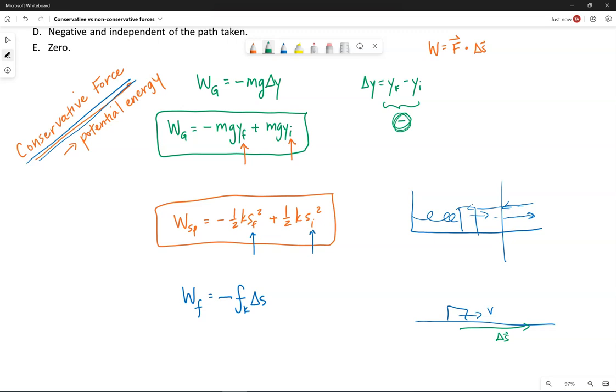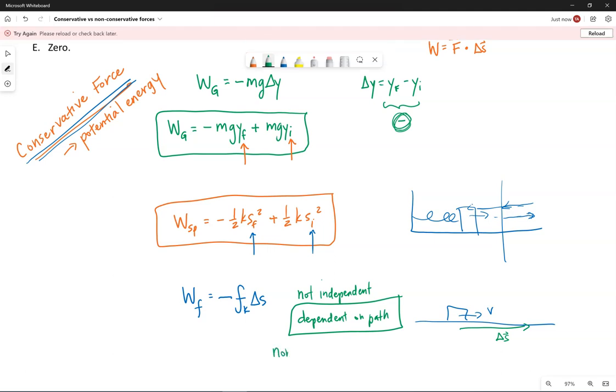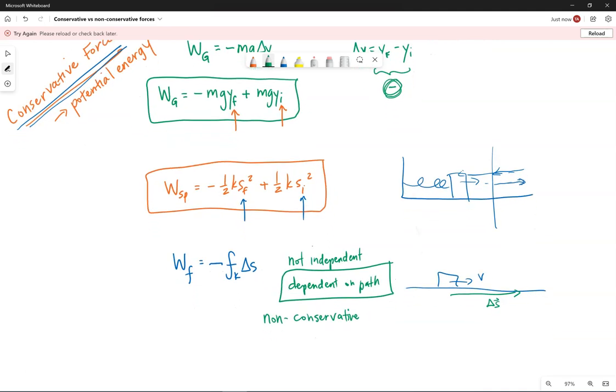This work is not independent of path. We say it is dependent on the path taken. This is a non-conservative force, which means we do not talk about it in terms of potential energy. We cannot talk about it in terms of potential energy.